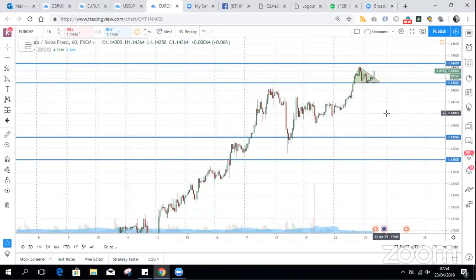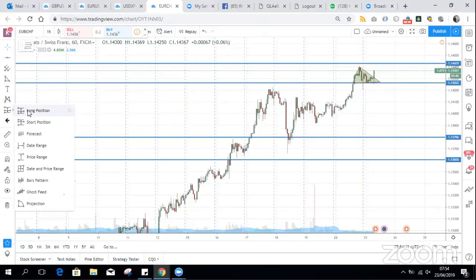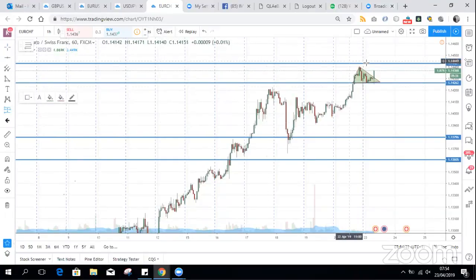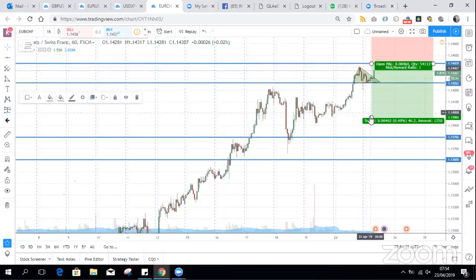Maybe just a small dump, not necessarily a full reversal of the trend. But yes, we should be looking for sales rather than buys in that area.